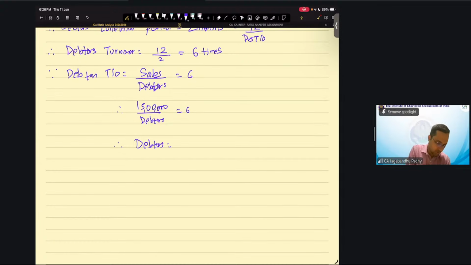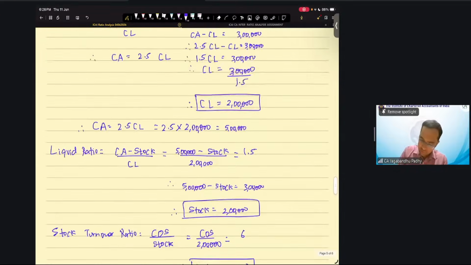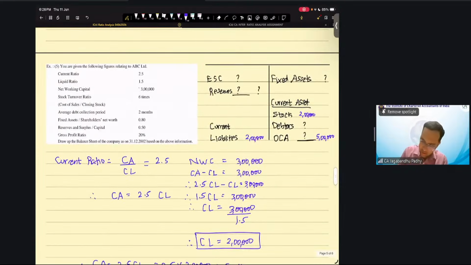How much is 15 lakh by 6? That's 2.5 lakhs, so we get the value of debtors as 2,50,000. Of course, what will be the value of other current assets? Other current assets will be the balancing figure, which is just 50,000. Okay.